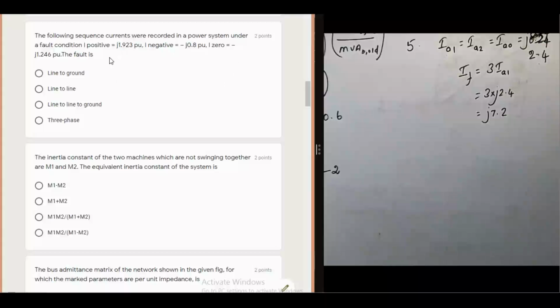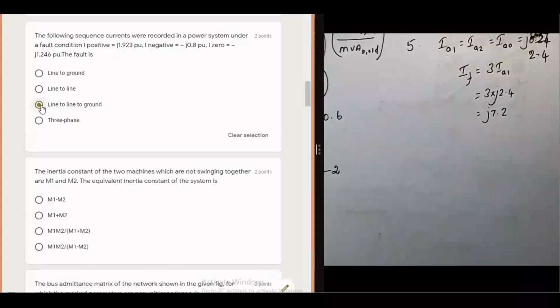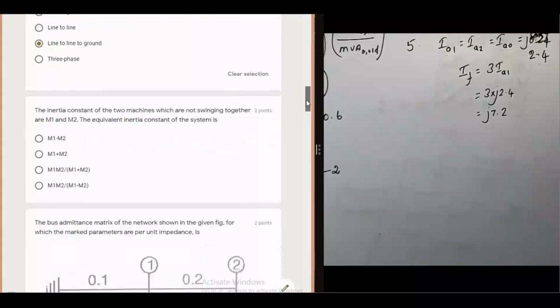The sequence currents are different in case of a double line to ground fault, while the sequence voltages are the same. So the third option is the correct answer.